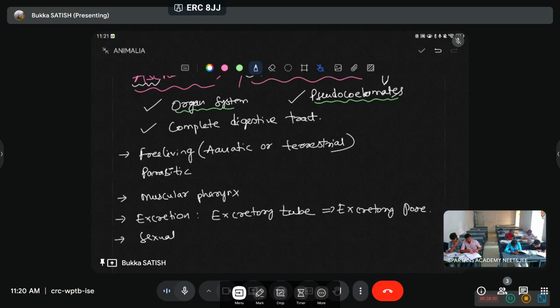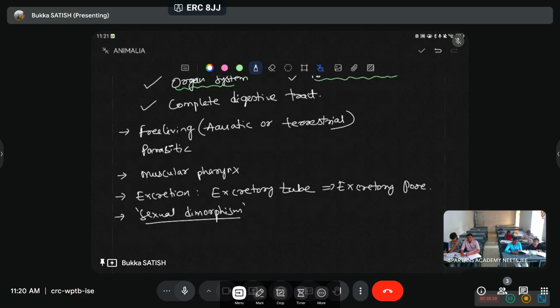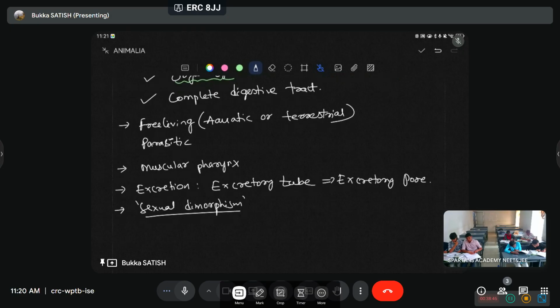And then sexual dimorphism can be seen in this group. That is, male and female can be distinguished. They are morphologically distinct.